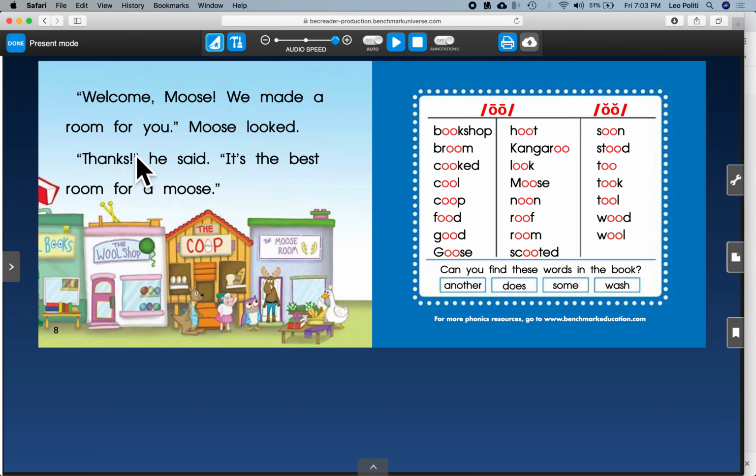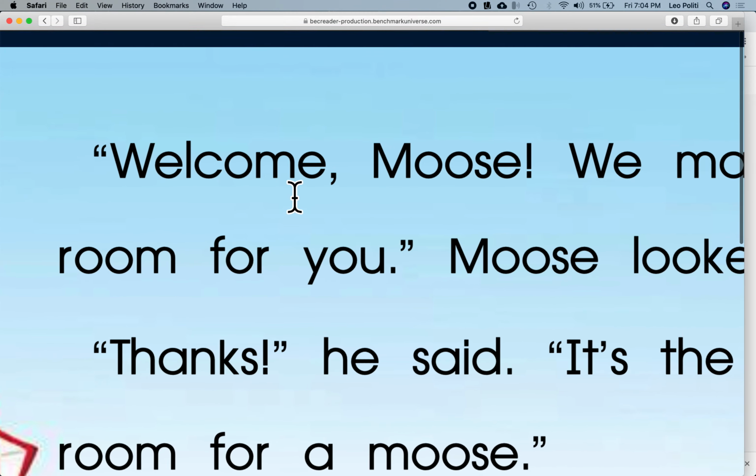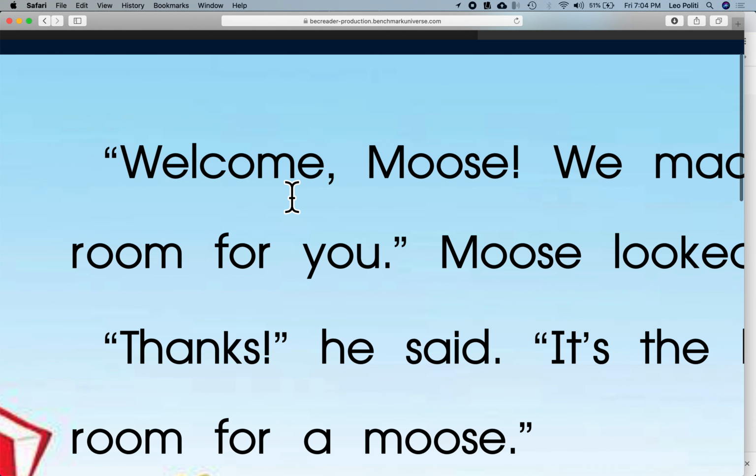Okay? Now, this word, let me zoom in. Can I get this bigger? That's as big as I can get. This is a big word. One thing that we're gonna hopefully get to study with you guys and teach you is when the word has more than one syllable, sometimes you can break it up between two consonants. L and C are consonants, so you can say the first syllable. I'm gonna clap it too.